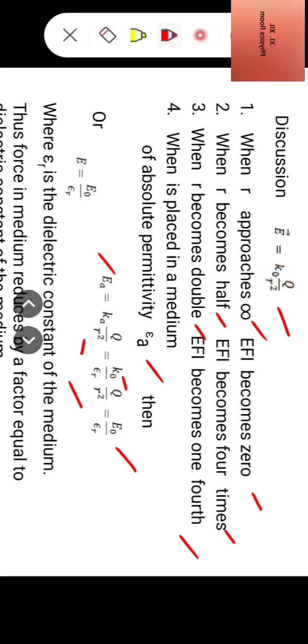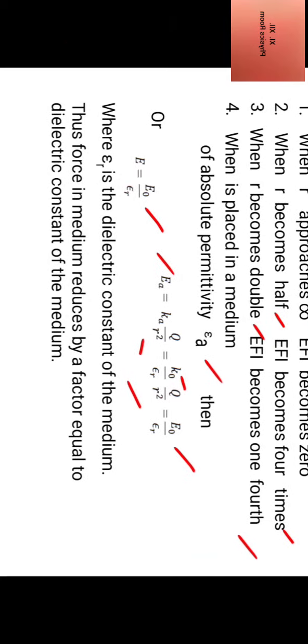So EA is equal to E naught by epsilon R. When the charge is placed in a medium of absolute permittivity epsilon A, the electric field reduces by a factor equal to 1 by epsilon R, where epsilon R is the dielectric constant of the medium. Thus the force in the medium reduces by a factor equal to the dielectric constant of the medium.